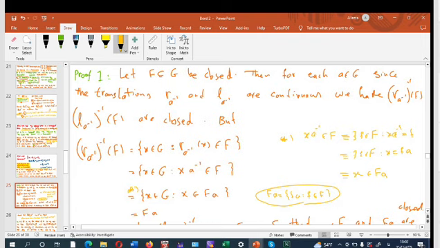For this, we know that this translation is continuous. We proved this in the previous proposition, and also this is a continuous function.